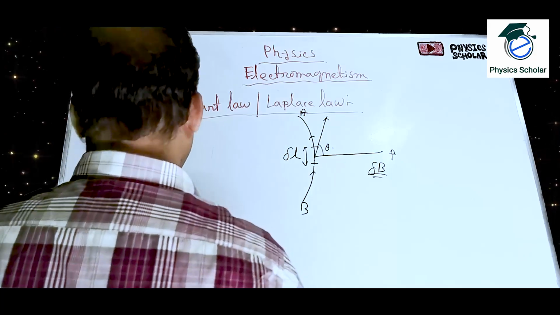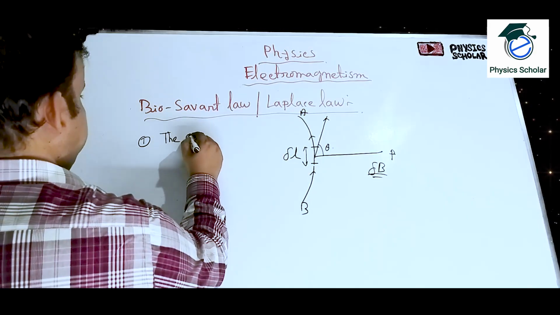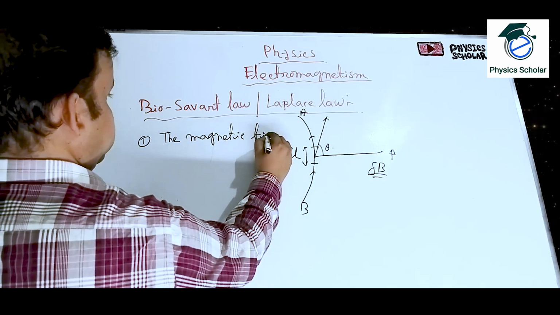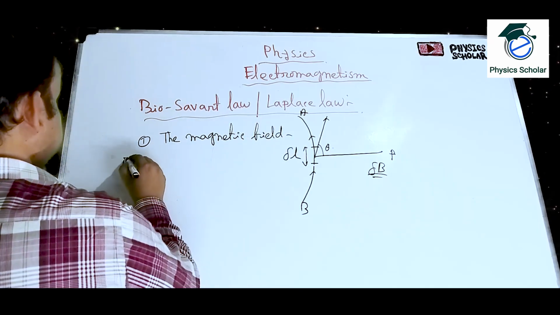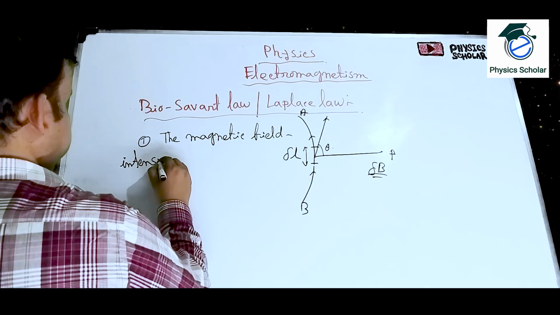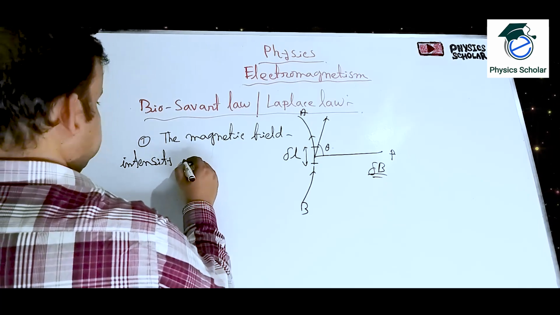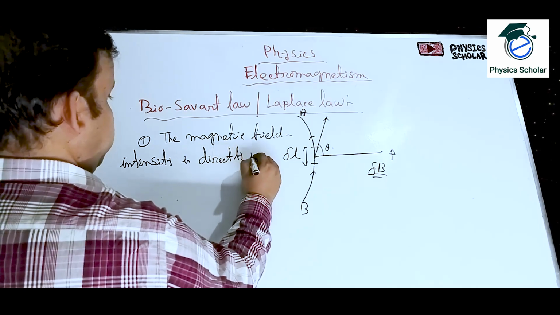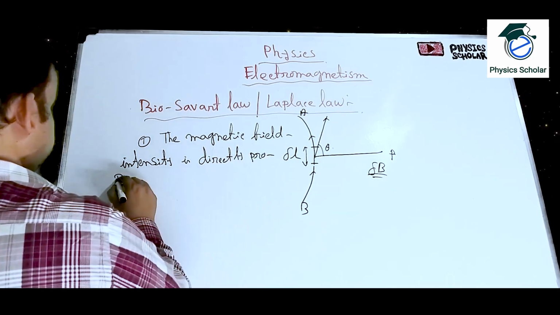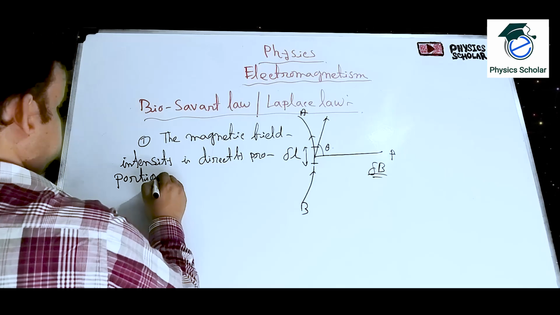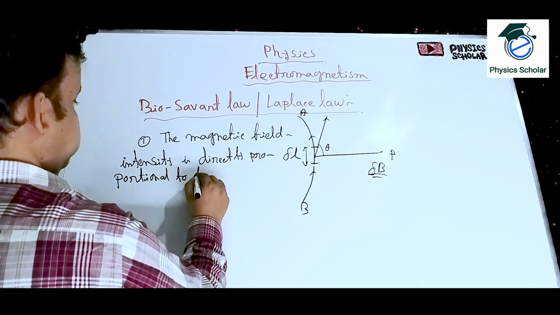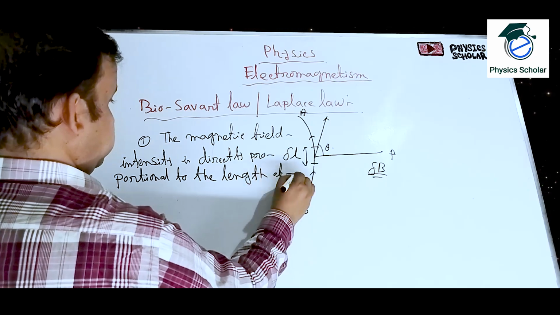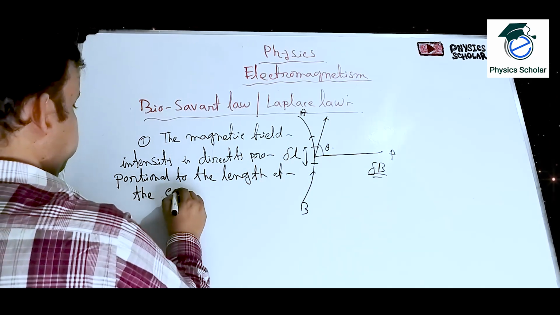First, the magnetic field intensity is directly proportional to the length of the conductor.